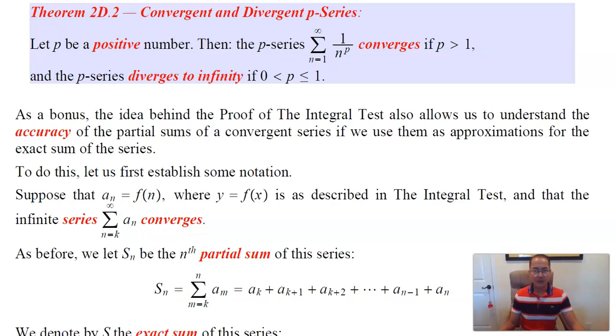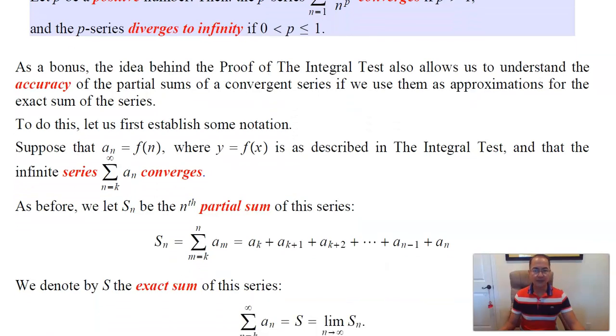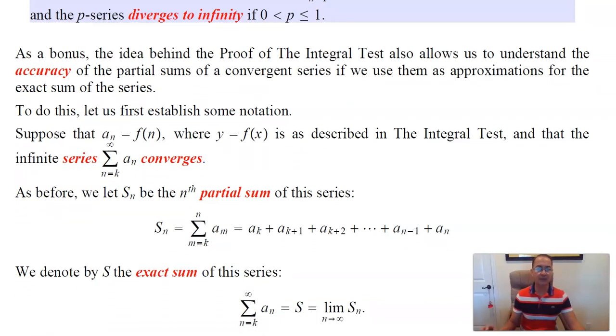Okay, so to control that error, and this might remind you of controlling the error for the trapezoid rule and Simpson's rule, we're going to do some notation first. We're going to denote the partial sum, Sn, as summation m equals k to n of our terms, meaning a sub k plus 1, all the way up to a sub n.